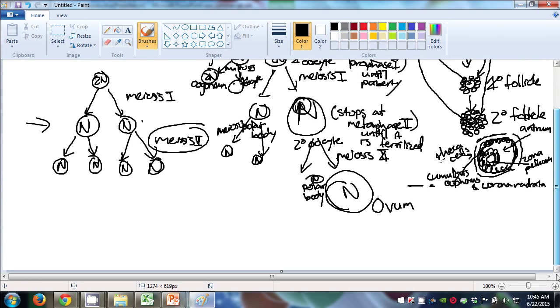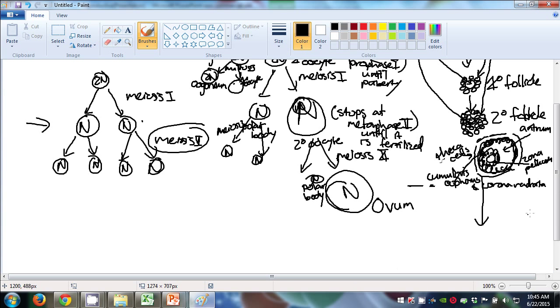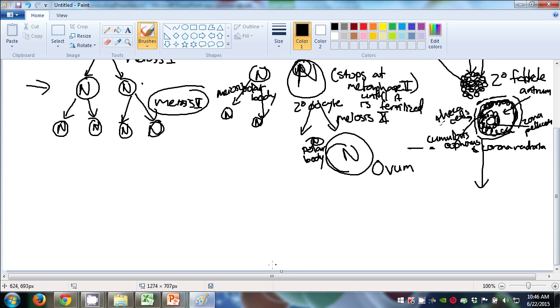Now the secondary follicle. There are a few of them, but one secondary follicle continues to develop into something a lot larger. The secondary follicle has the corona and the cumulus oophorus.